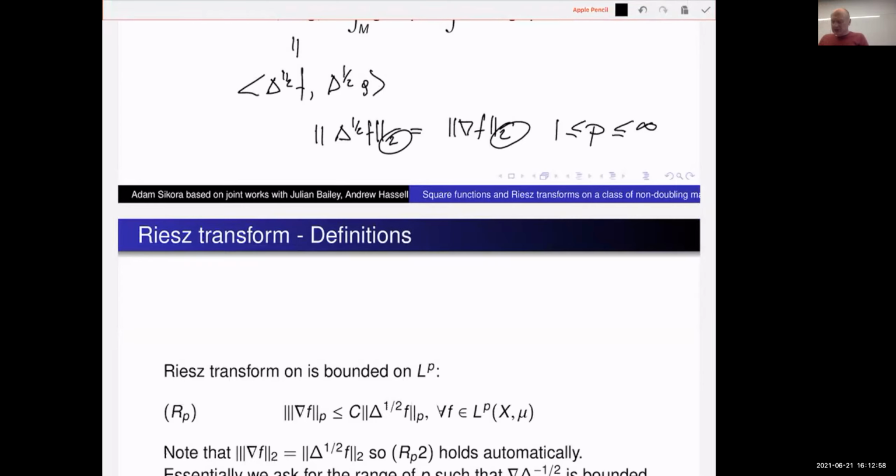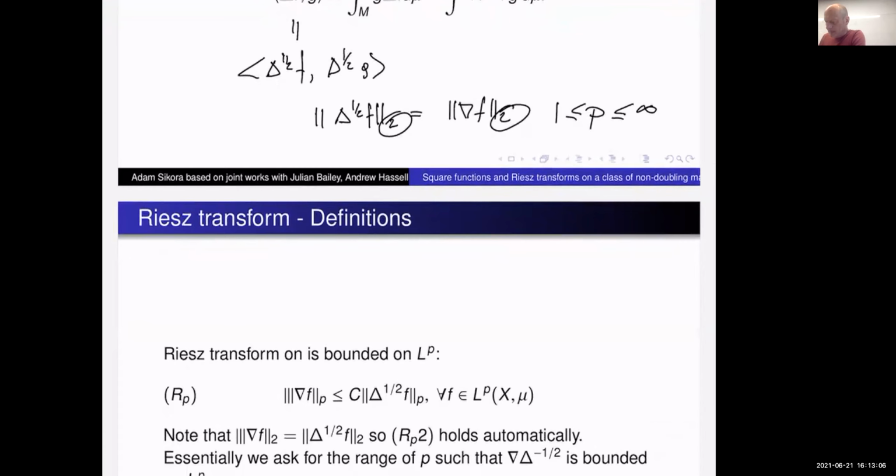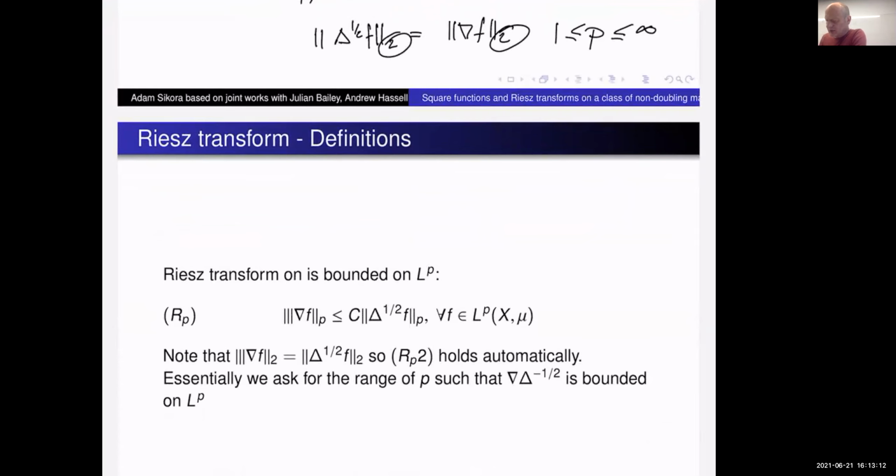And the answer is almost yes. At least you can do it definitely for all p strictly between 1 and infinity. So for the classical Riesz transform, if we start with R^n, the standard Laplace operator, then it's true that for any p, the norm of the gradient of f can be estimated by the norm of Δ^{1/2}f in L^p, for all p between 1 and infinity.